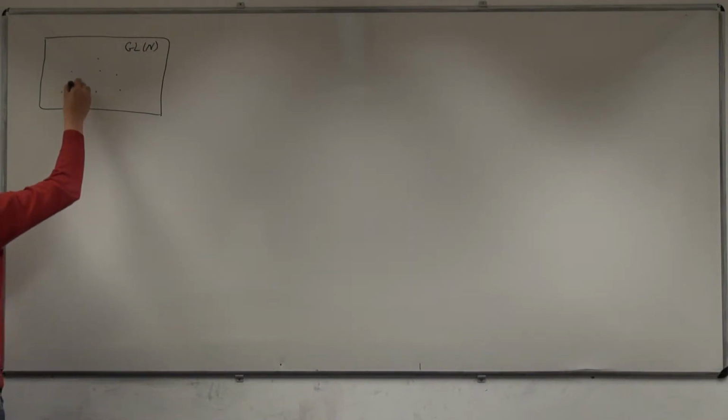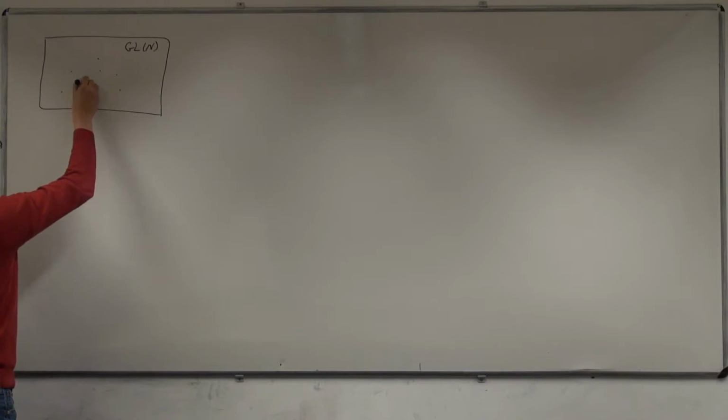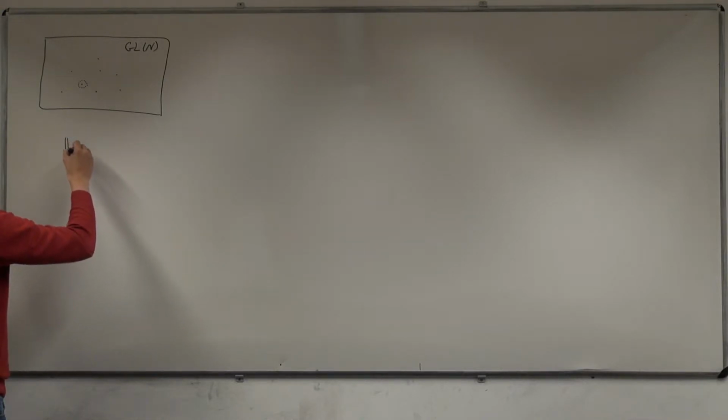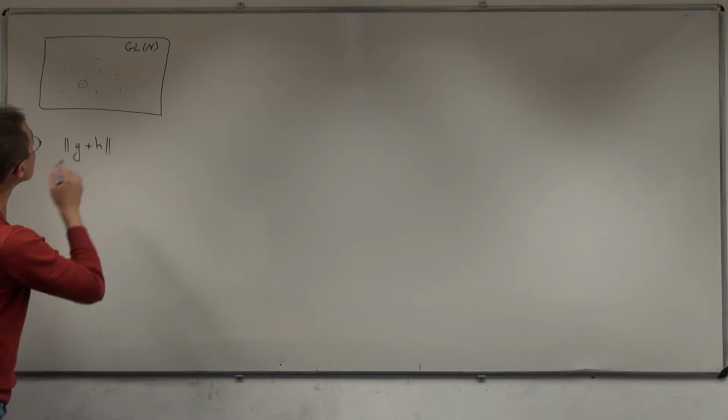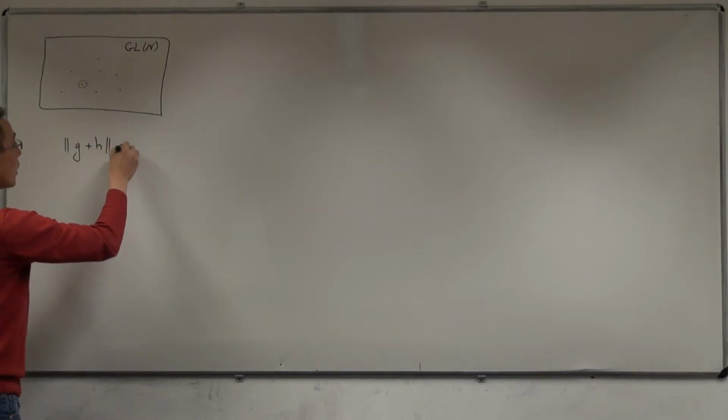If around each element we can draw a radius that does not contain any other elements of the same group, so in other words, if we have an element G and we draw such a radius inside GL(n) that for all H inside GL(n) sufficiently close to the point, so less than some small number epsilon, and if this radius does not contain any other elements of the same group, then the group is called discrete.